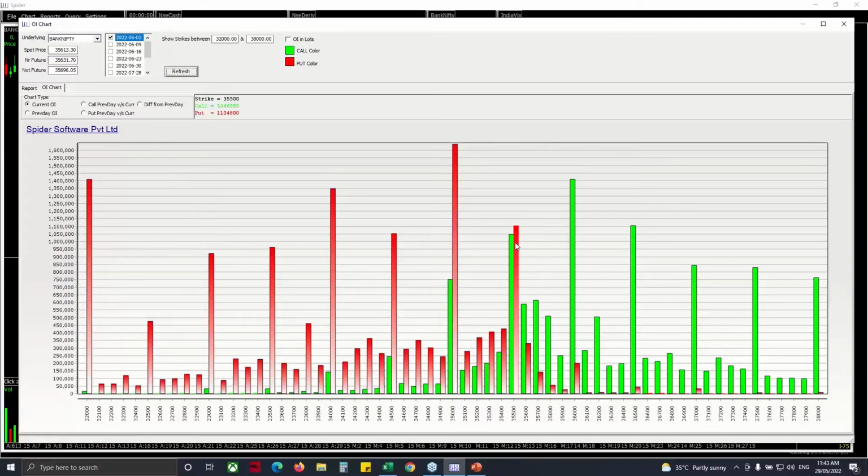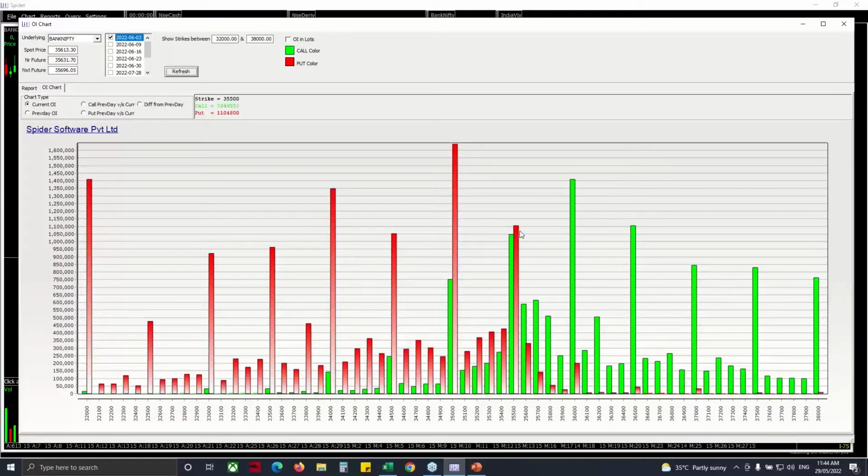As of now, it seems that put writers are getting the upper hand over the call writers, but this is to be seen in the next trading session, how call writers are covering their position or how there is an increase in open interest in puts. Open interest is increasing in puts, and in calls it is decreasing. 35,500 will decide how prices might move upwards, or we might consolidate, or move downwards and test the level of 30.